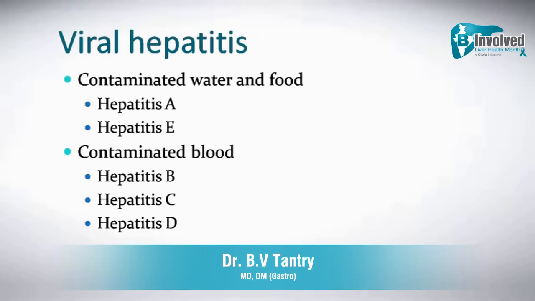Sometimes this will lead to epidemics of jaundice. The infection by these viruses will lead to epidemics of jaundice because of contamination of a common source of water. Say, for example, river water becoming contaminated by sewage can lead to epidemics of jaundice.